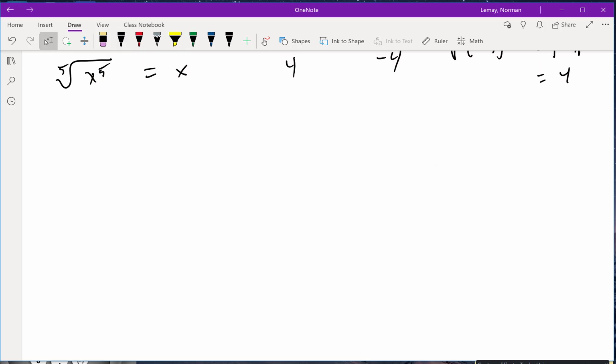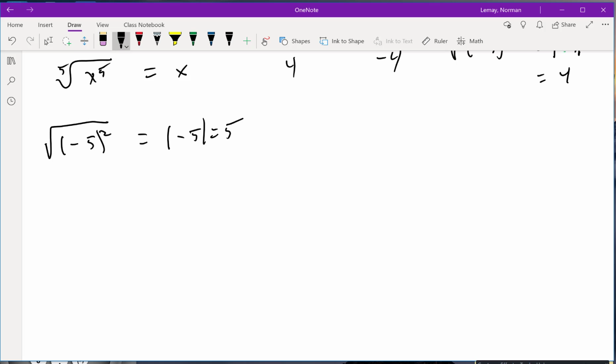Let's take a look at the square root of negative 5 squared. By the rule, this is equal to the absolute value of negative 5, which is just 5. The square root of x to the 14th is x to the 7th power.